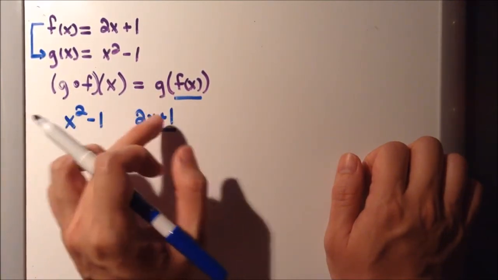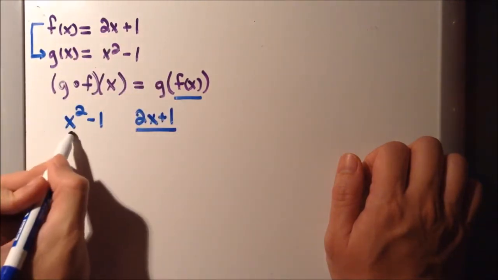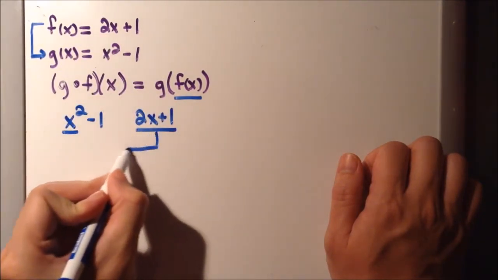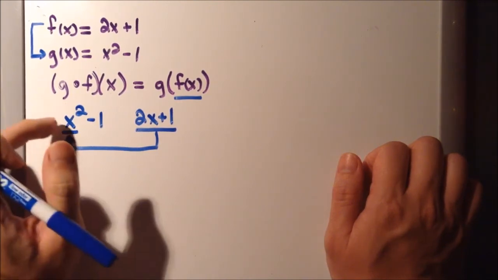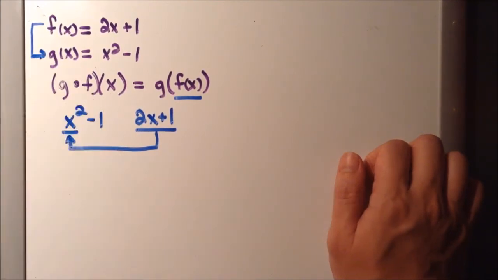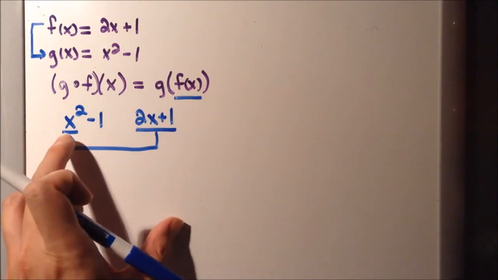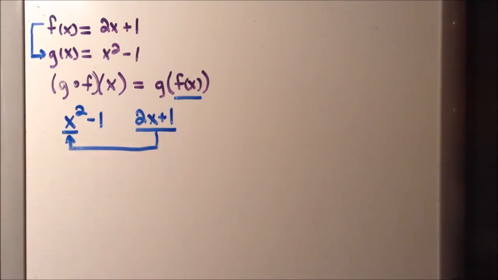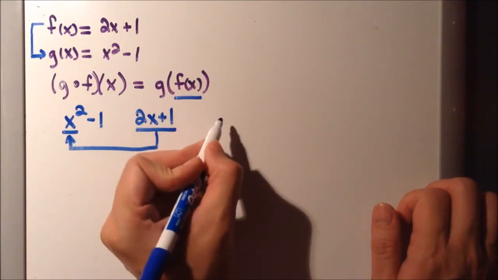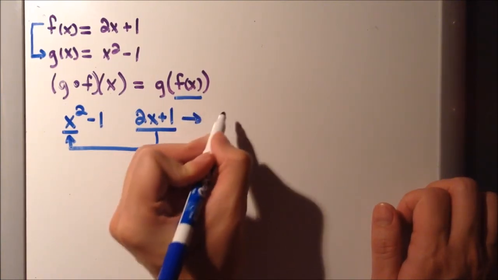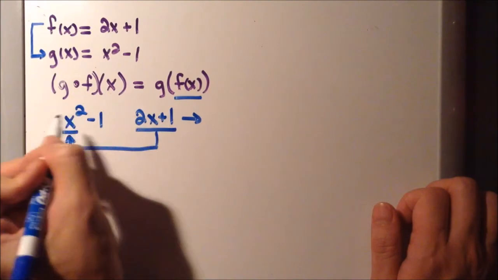So the 2x plus 1 is f of x will be inside of this x in g of x. Now since there's only one x, we only plug it in one time. So I'm going to write right here, 2x plus 1 will be in that x.